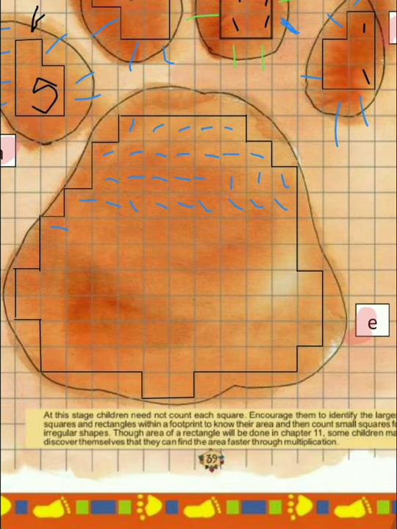Now you have to count it. Okay, now this one is 40. Are you correct? Okay. 41, 42, 43, 44, 45, 46, 47, 48, 49, again 50.